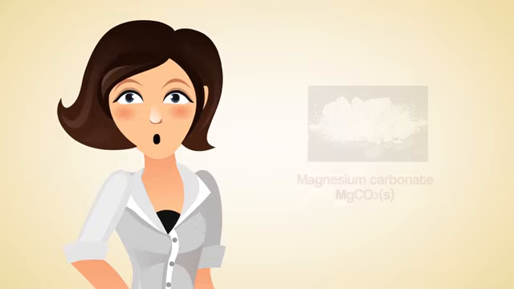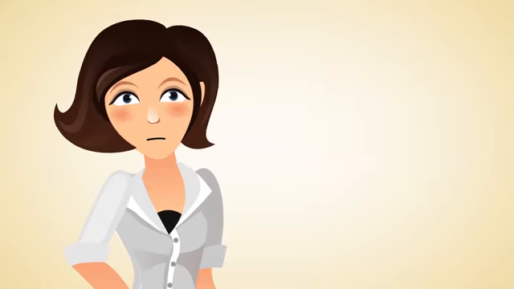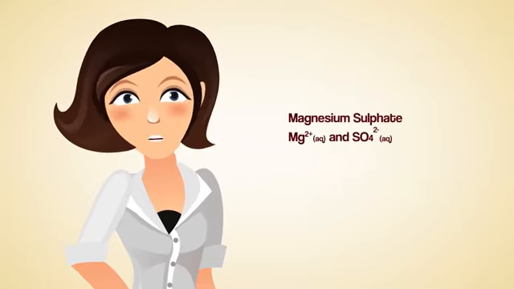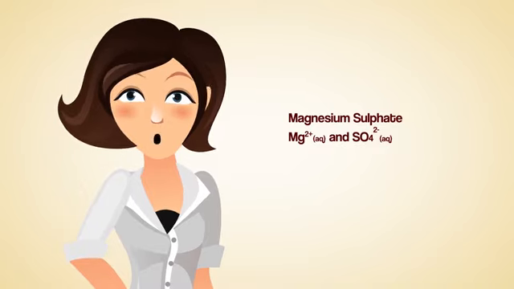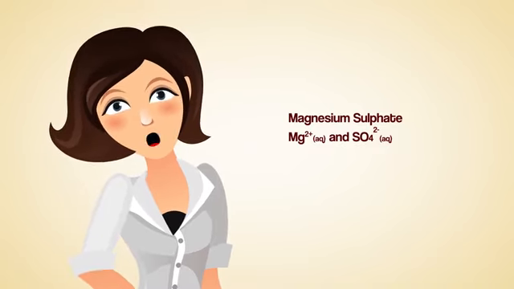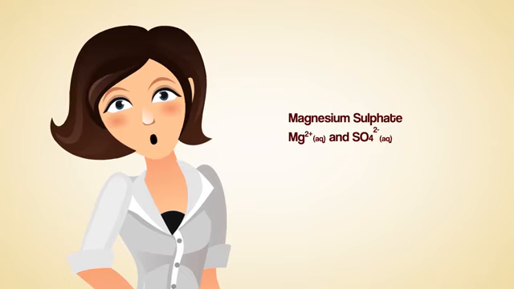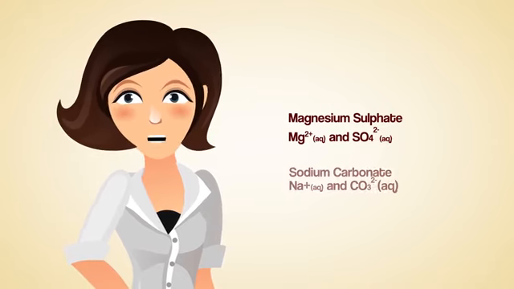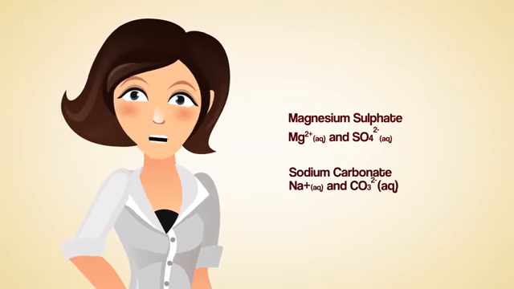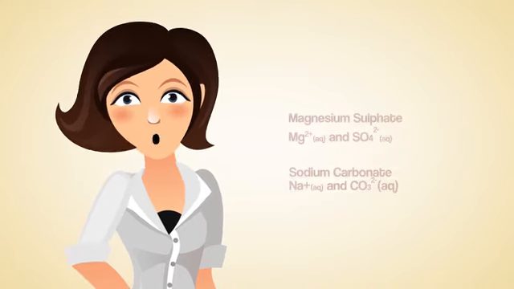So, the solution of magnesium sulfate contains Mg2+ and SO4 2- soluble ions, and the solution of sodium carbonate contains Na+ and CO3 2- soluble ions.